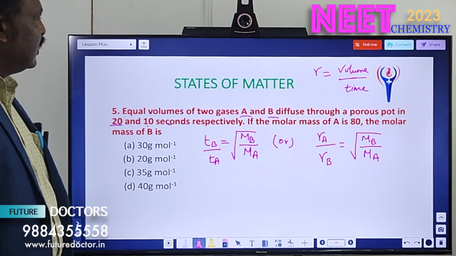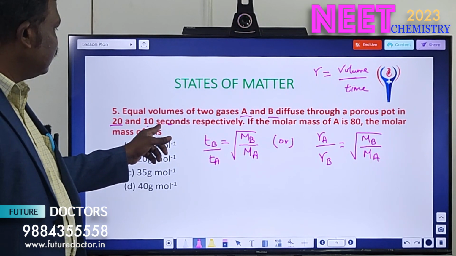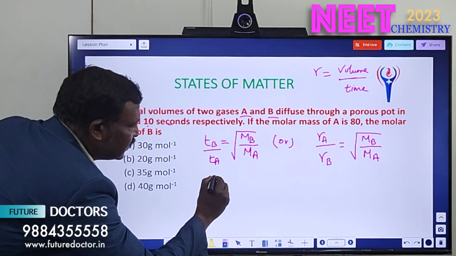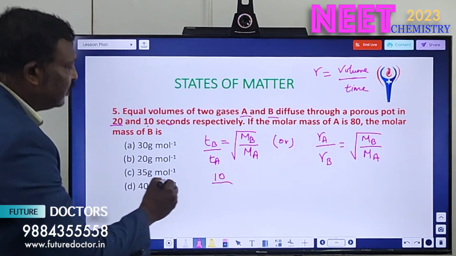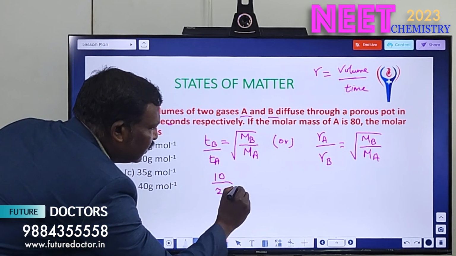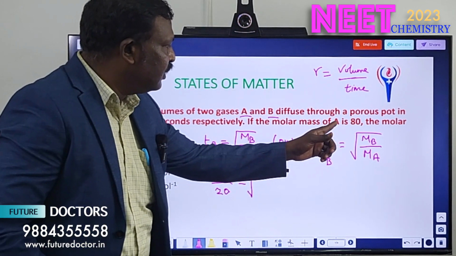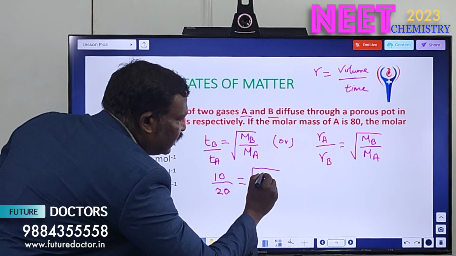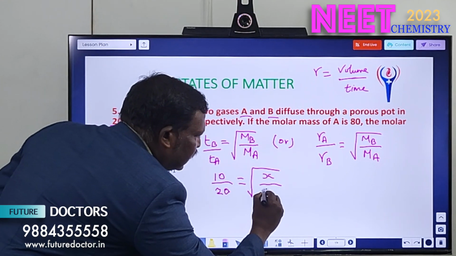Then see B. Time of B is 10, and time of A is 20. Then the root of the molecular mass of B over the molecular mass of A. B we don't know, so put X. A is 80.